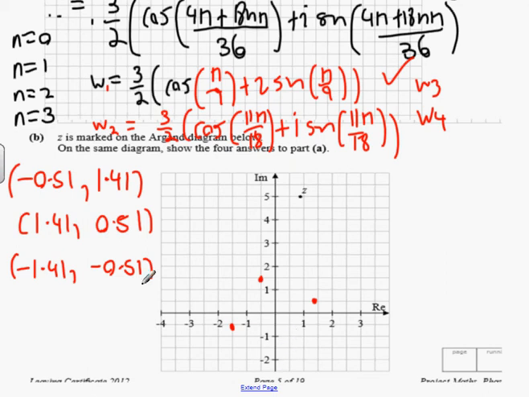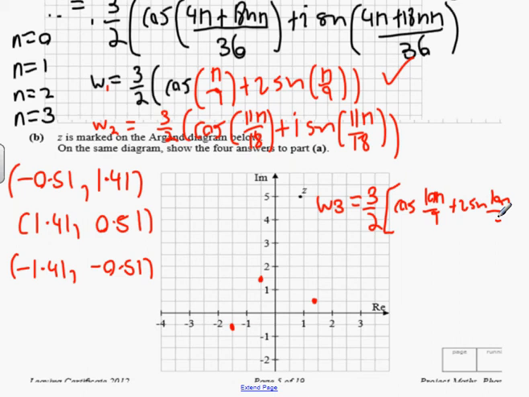Okay, and then the last point, we'll write down the other two now while we're here. I'll write down W3 and W4. W3 would have been, what was it? It turned out to be 3 over 2 cos 10 pi over 9, plus i sine 10 pi over 9. See the way it was over 36 originally?